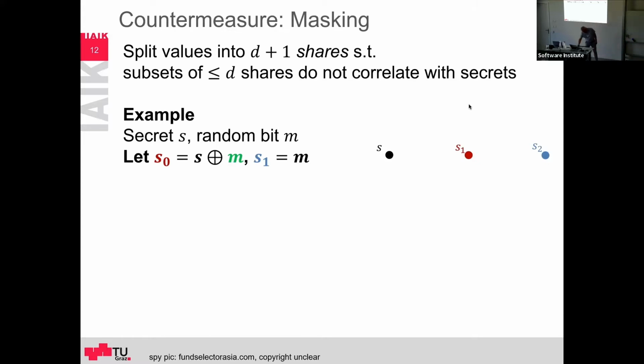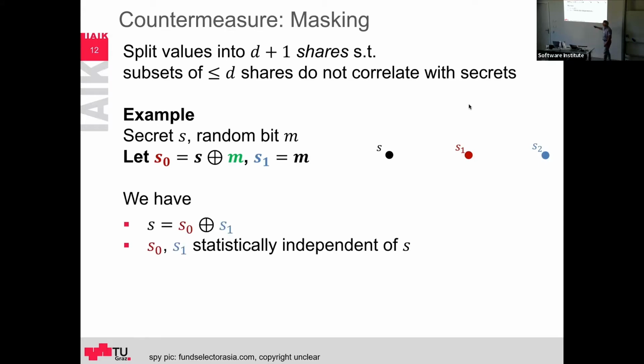So the two properties I wanted: one, if you combine them, if you XOR S1 and S0, then you get S back. And the other one is that obviously neither of these correlates to S. Here S is not even in there. Here, if you XOR something with a random, then you get randomness.